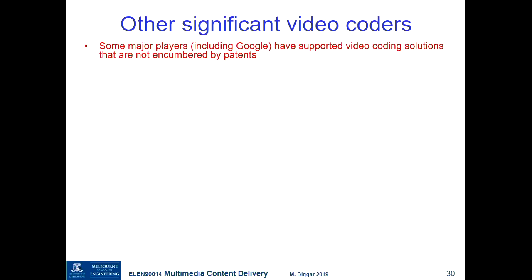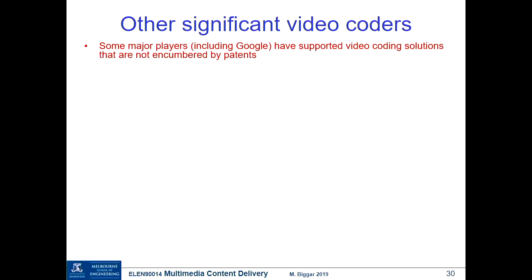It's this MPEG-LA that makes the decisions about who has to pay how much royalties for what application. And to try to ensure that their standard is used, they have been pretty flexible about the licensing arrangements for H.264, for instance, in lots of applications. Unless you were a really big broadcaster with more than a certain number of customers, you didn't have to pay any rights.